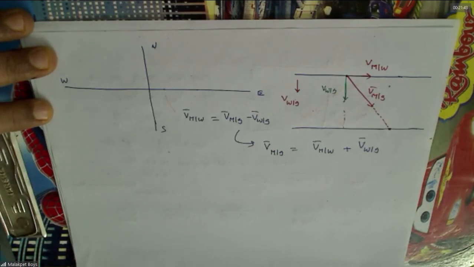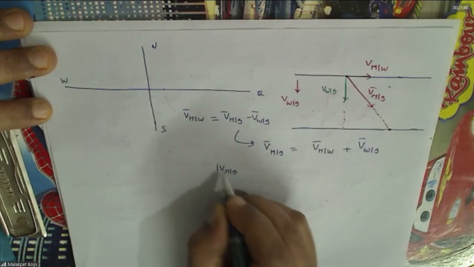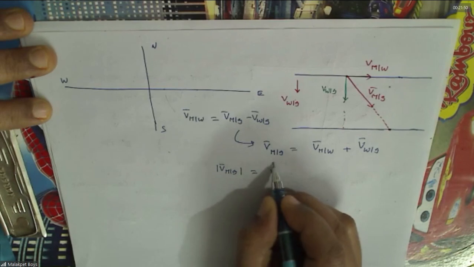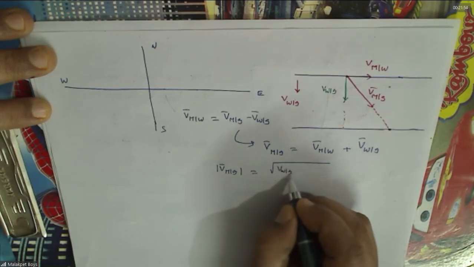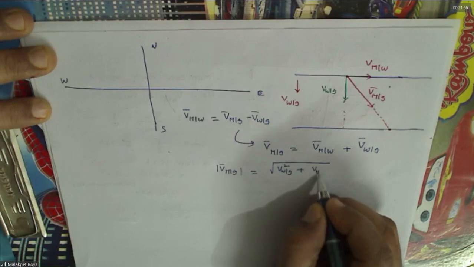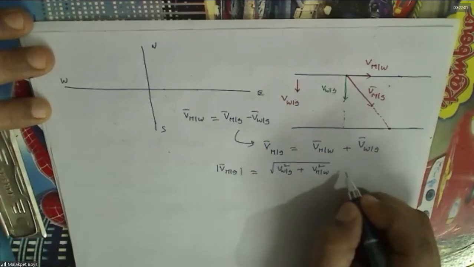He's asking this one, velocity of man with respect to ground. From this diagram, we can see that it is nothing but the vector sum of these two squares. Do you agree with this? Clear?